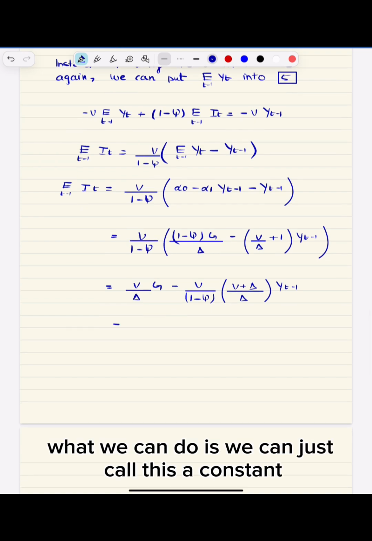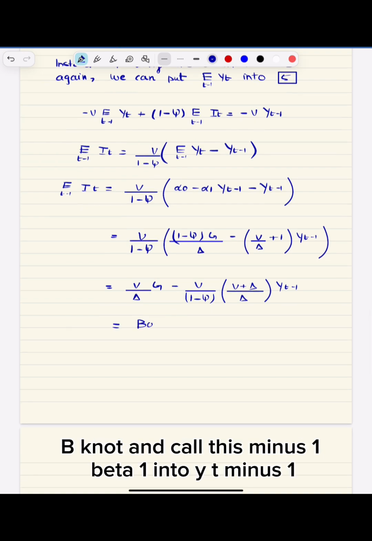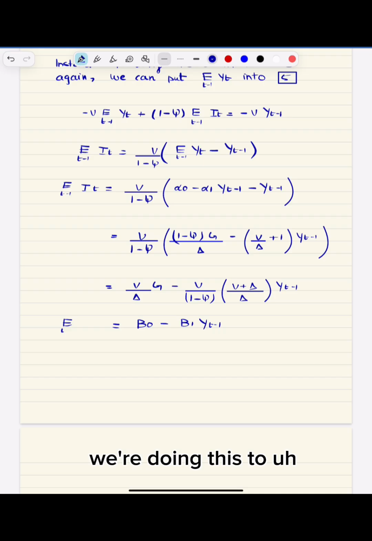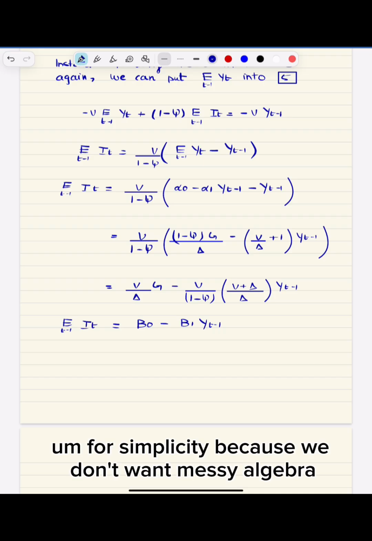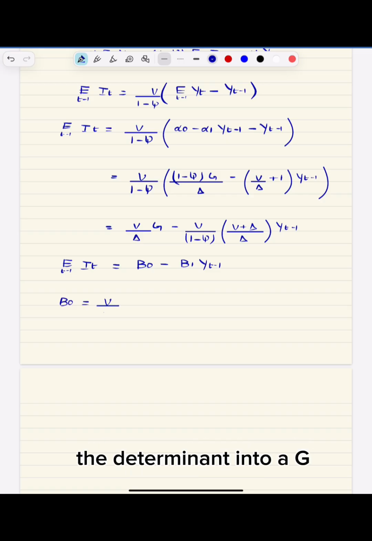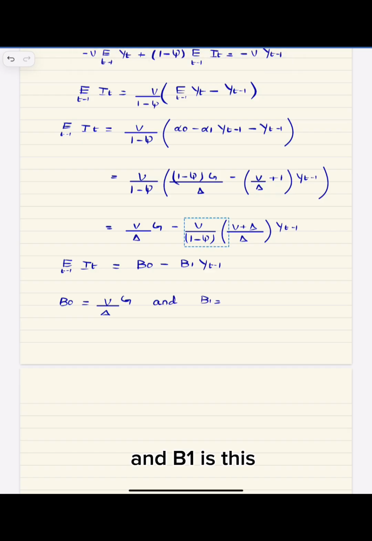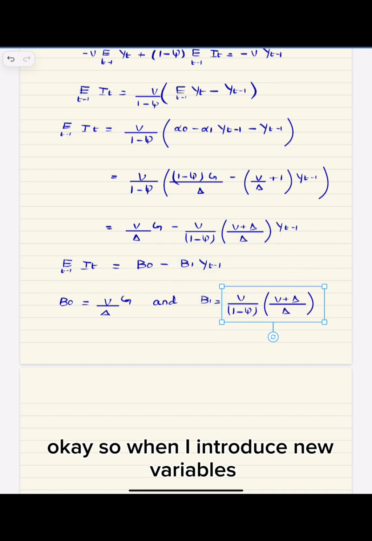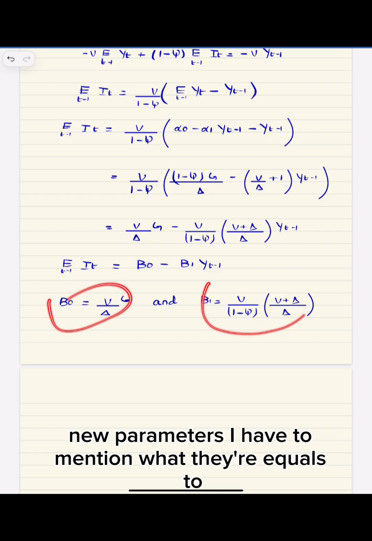So what we can do is call this a constant B0 and call this minus beta 1 into YT minus 1, right? Again, we're doing this for simplicity because we don't want messy algebra. So just state that B0 is V over the determinant into G, and B1 is this. When I introduce new variables, new parameters, I have to mention what they equal.